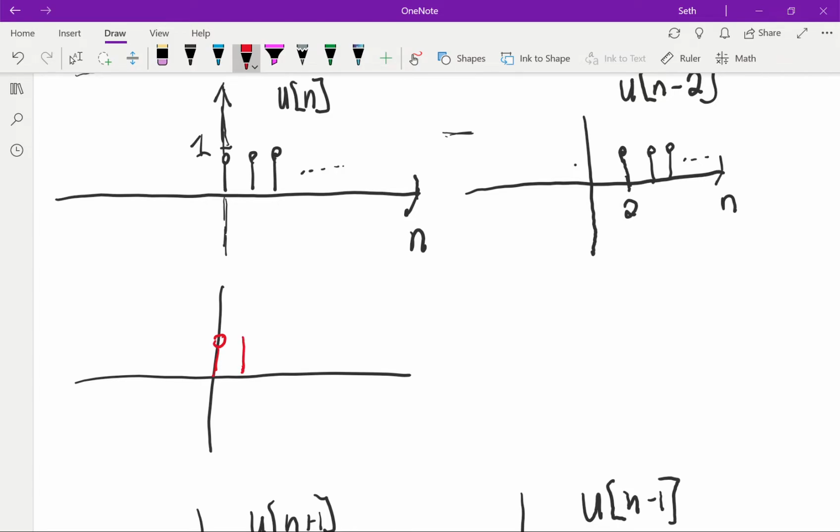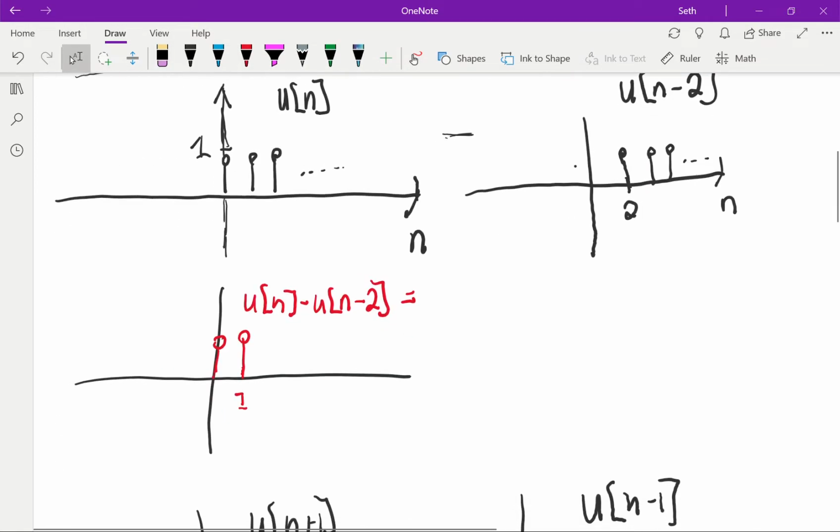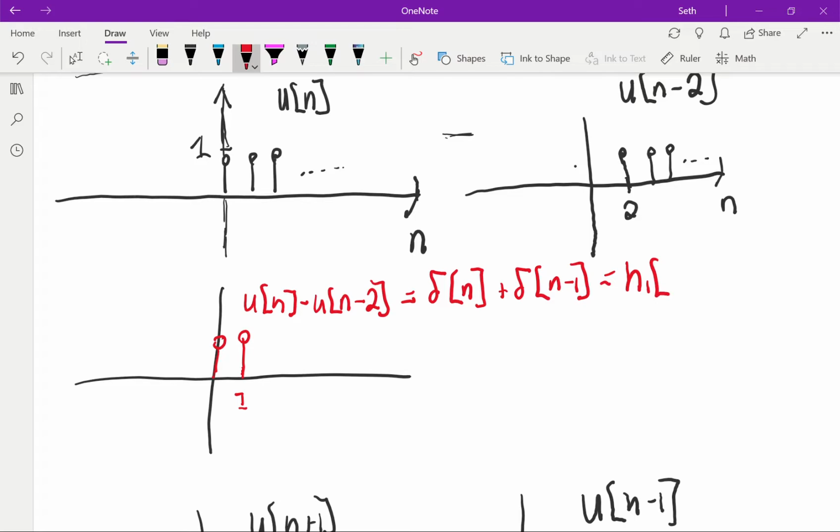That's 0, that's 1. Everything else is 0. So this is u of n minus u of n minus 2, and you can see that we can represent this using delta functions as delta n plus delta n minus 1. And that's our impulse response for system 1.